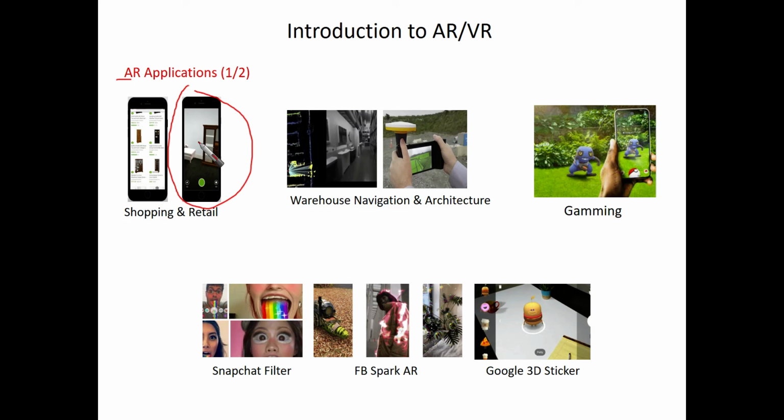For example, IKEA, right? You go to a furniture shop, or somewhere, and you don't know how this furniture will fit in your room. So what you can do is take a picture of your room with a camera, and then you fit the furniture. That 3D shape of the furniture is placed in your room, and then you can look at how it feels.